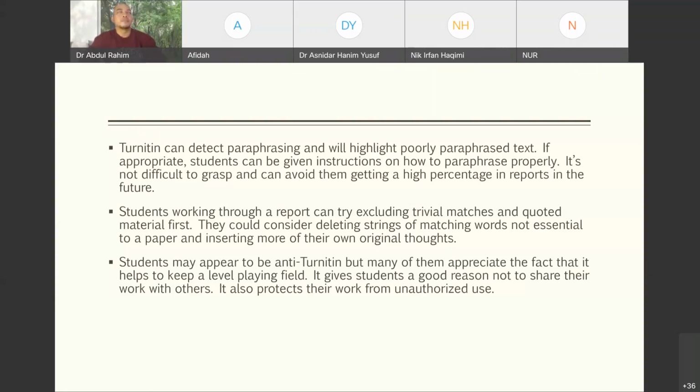So rephrase plus 3 different sources plus my idea, so I can get my own version of the text in paragraph form. Okay, so usually that will reduce the similarity index. So we cannot rely on only one paper.